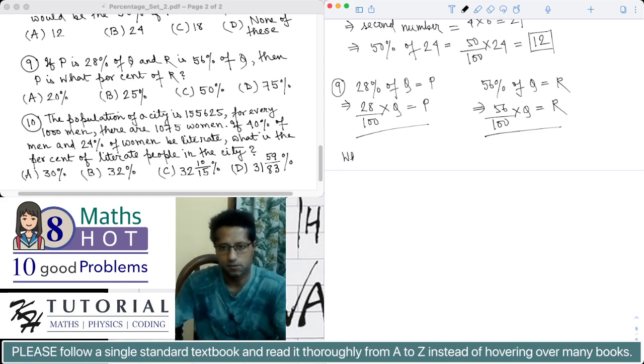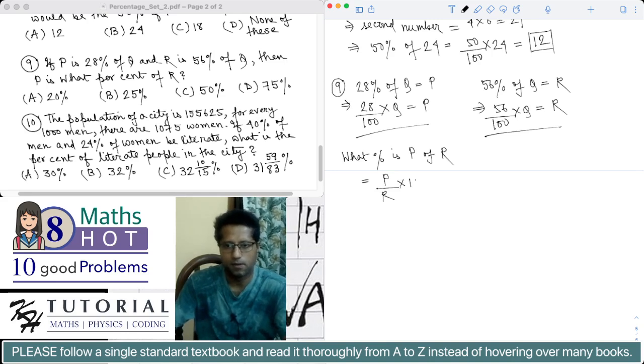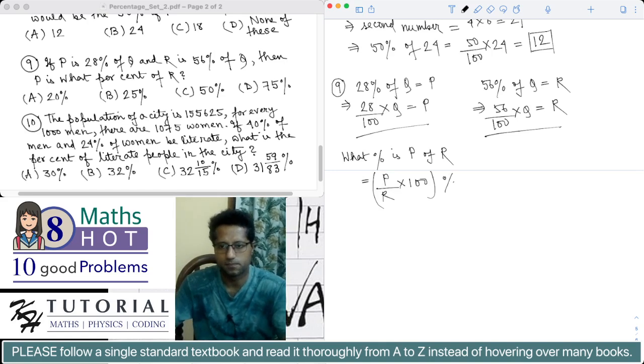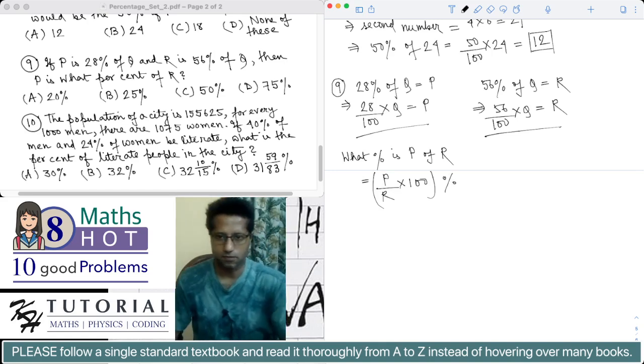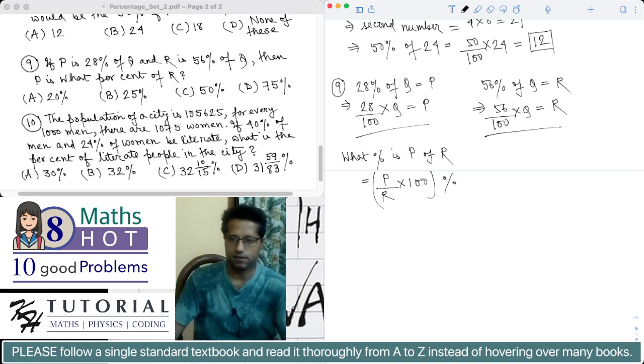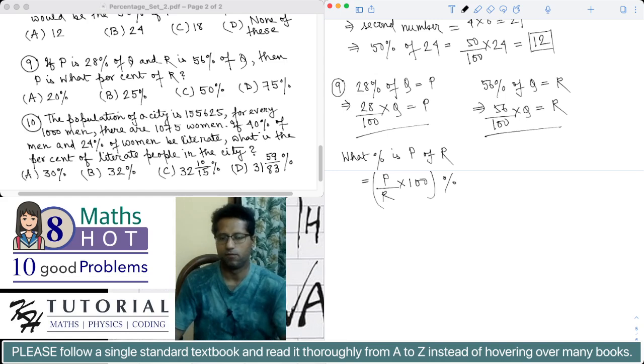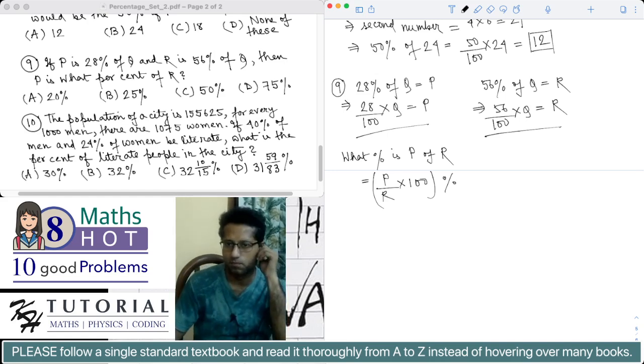The question is what percent is P of R? This is equal to P by R multiplied by 100.